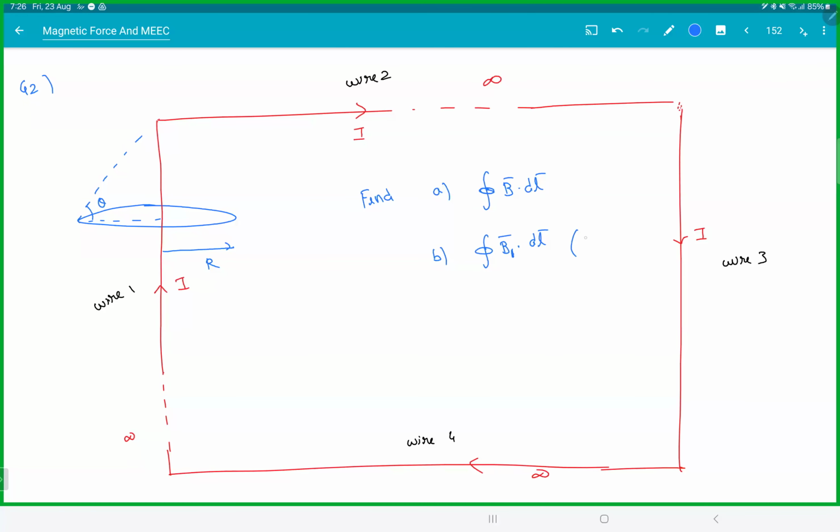So B1 is only due to the first wire. So integral B2 dot dl, this is due to wire 2. This is due to all wires. Getting what I'm asking? So there is a loop. You need to find integral B dot dl due to wire 1, wire 2, and so on. Now, sir, remember you asked something like this. Let's see how to do this thing.